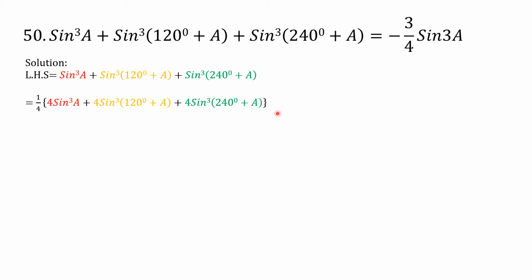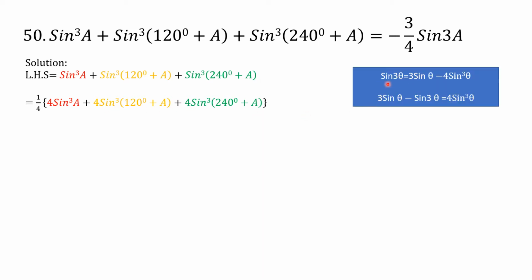And before we proceed further, let's recall a formula. We have learned sin 3 theta is equal to 3 sin theta minus 4 sin cube theta. Upon simplification of this formula, we can write this one. So you must remember that 4 sin cube theta is 3 sin theta minus sin 3 theta. So this formula will apply in all these three terms.